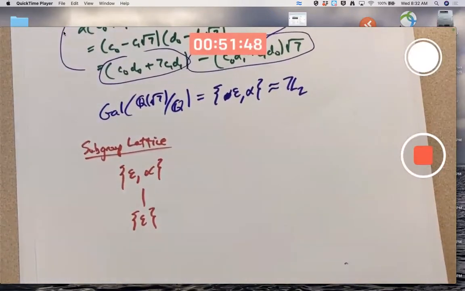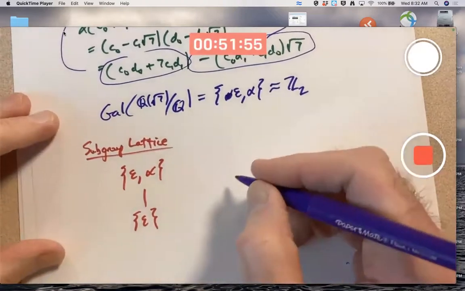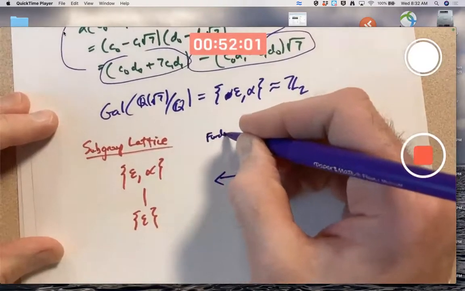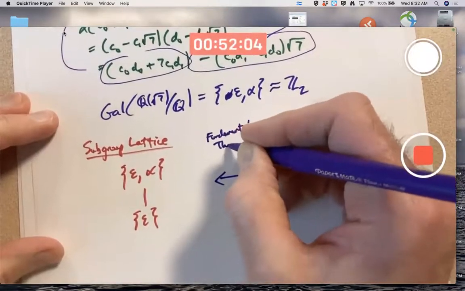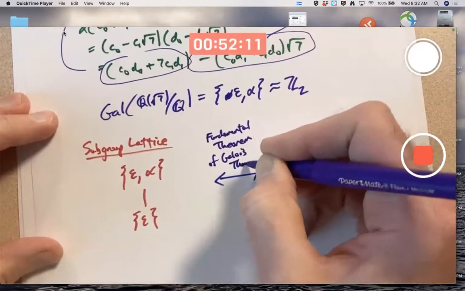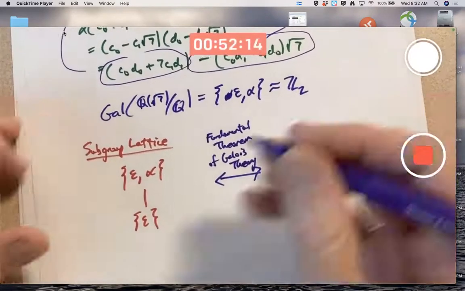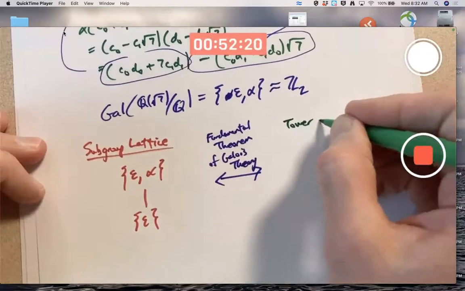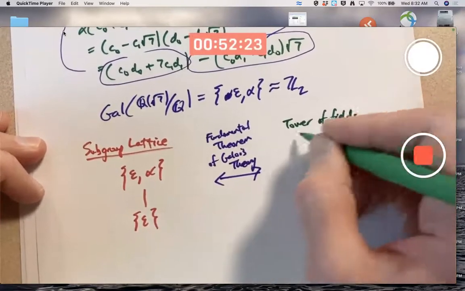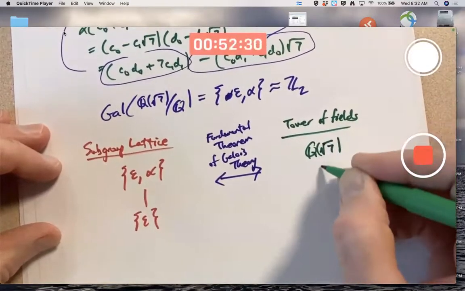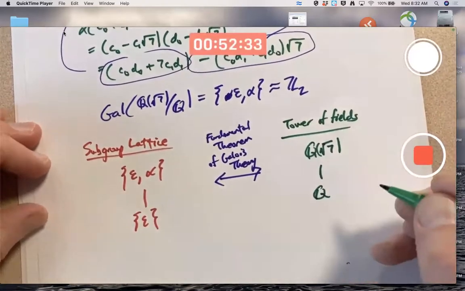The fundamental theorem of Galois theory essentially says that this subgroup lattice corresponds to a tower of fields, and a particular tower of fields that I already drew for this example.